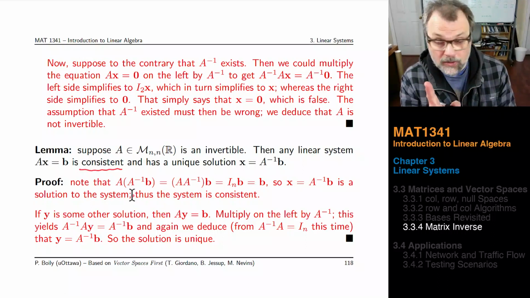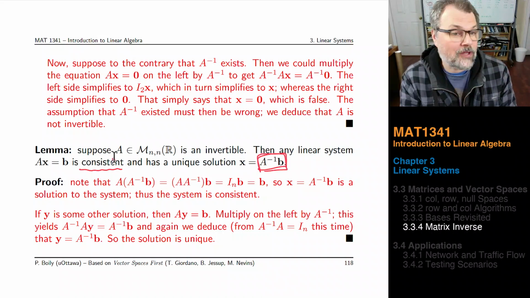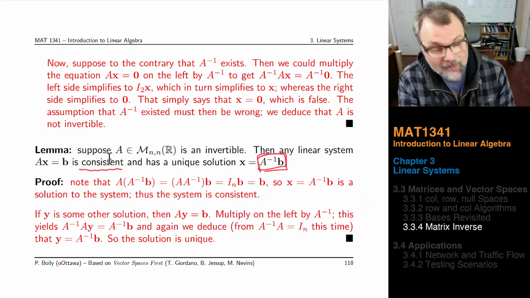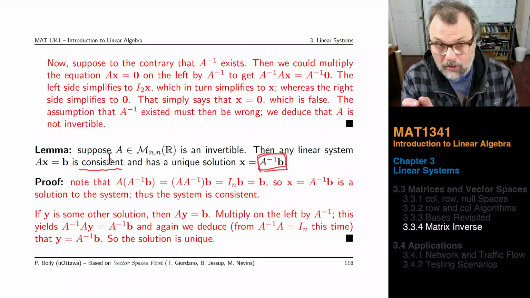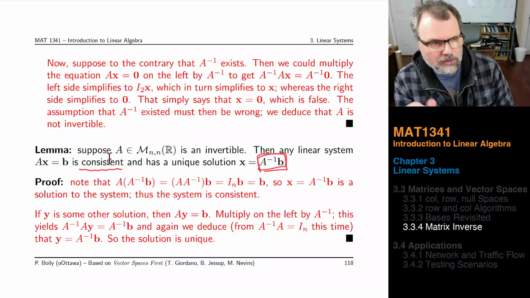There's only one. And it's given by A inverse times b. So if the coefficient matrix is invertible, you automatically know the nature of the solution. It's unique, and you know how to find it. You compute the inverse and you multiply b on the left by A inverse. I apologize.